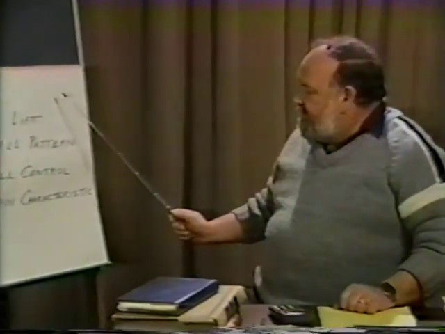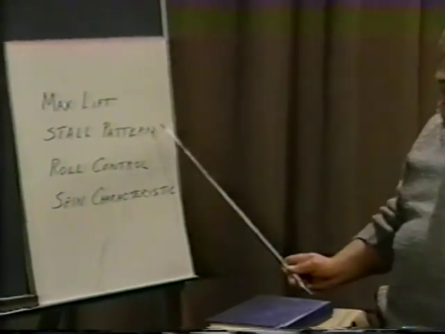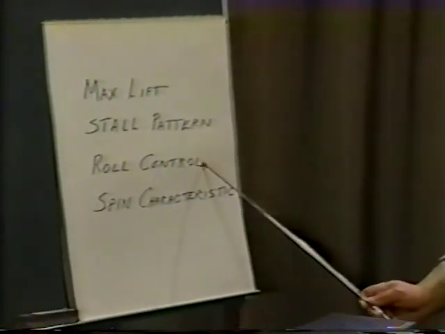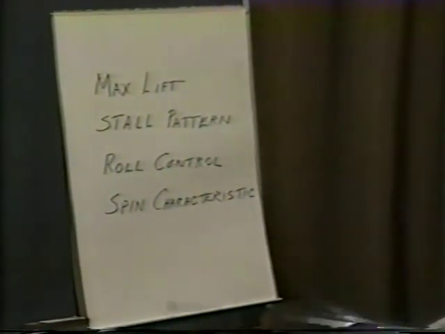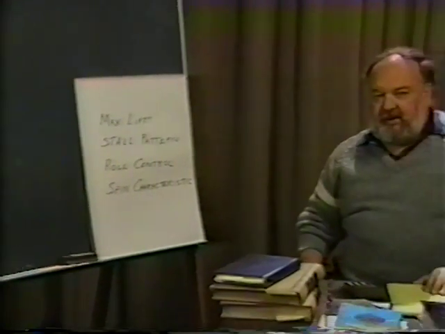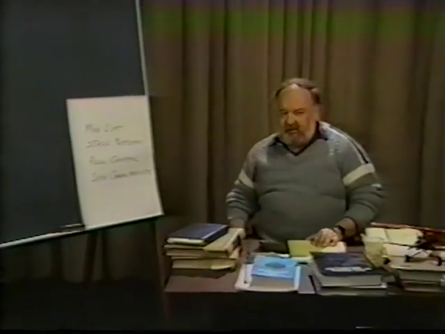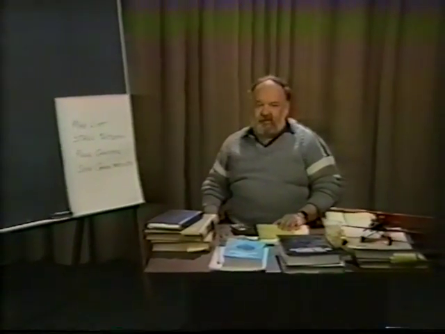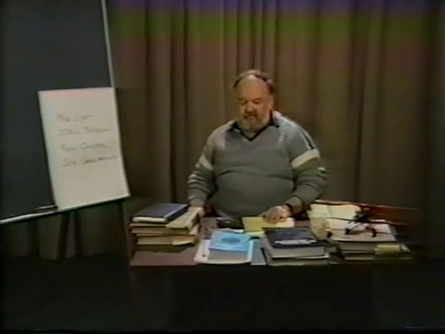The four things are maximum lift, a stall pattern, roll control, and the spin characteristics. These four items can be very definitely affected by the type of wing plan form that you develop.